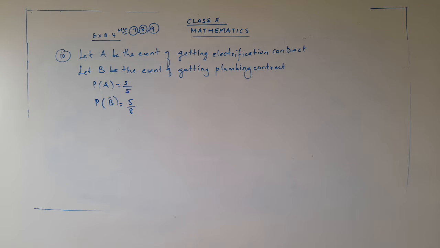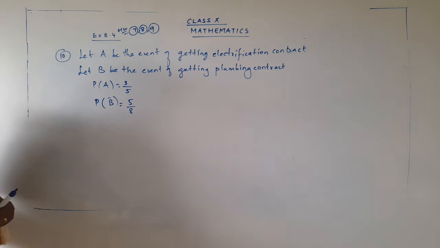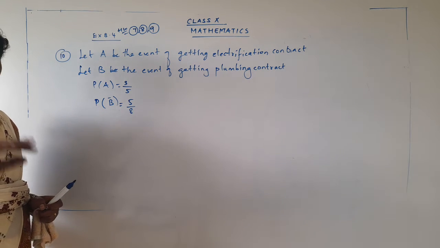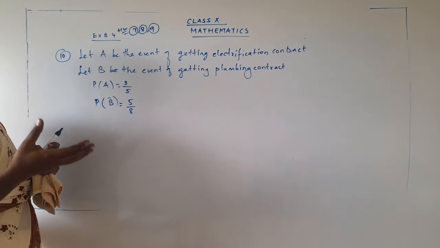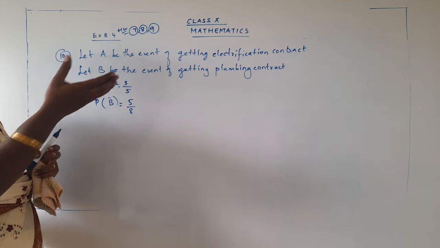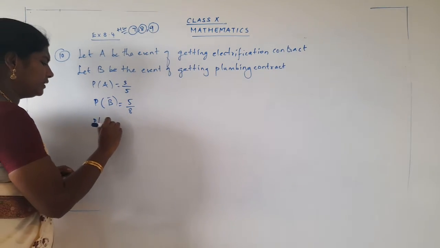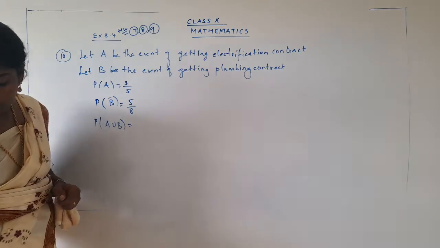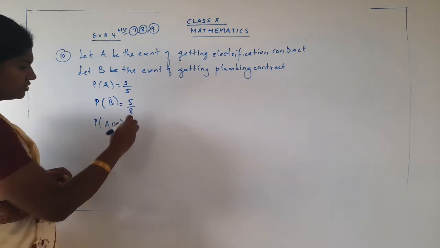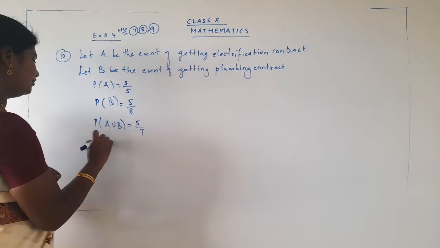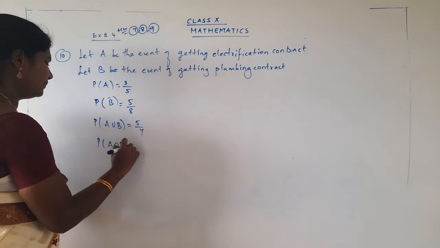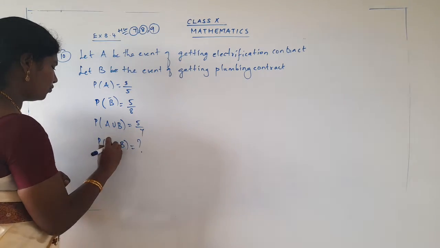What else is given to us? Getting at least one. At least means he may be in one or he may be in the second one. So A or B, P of A union B is equal to 5 upon 7, and you have to find out P of A intersection B. This is what I don't know.